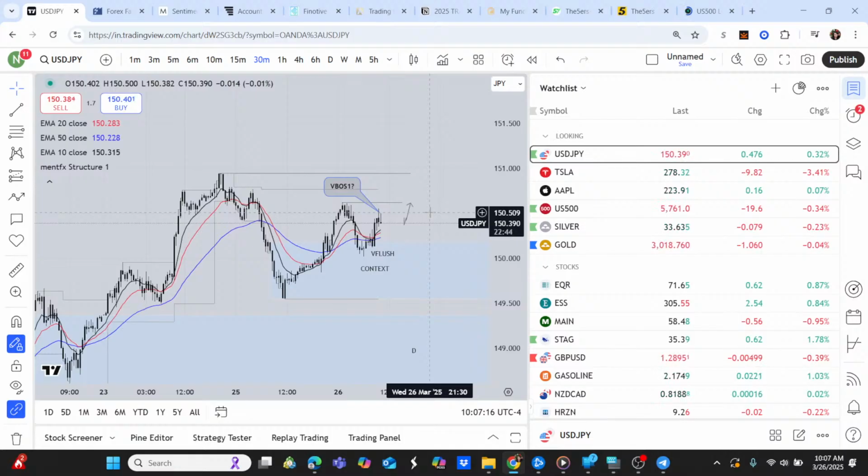This is the boring side of trading, the waiting part. The exciting part is when you finally get the trade.